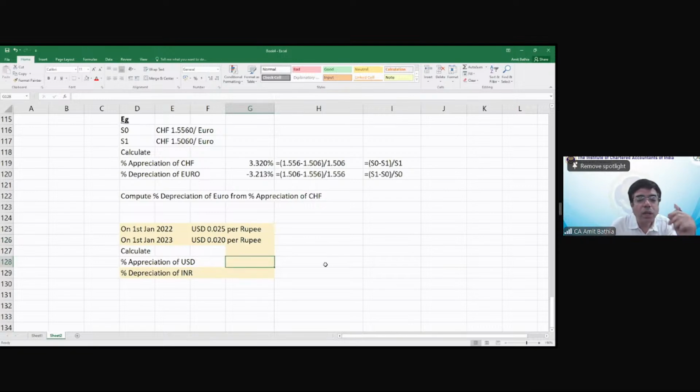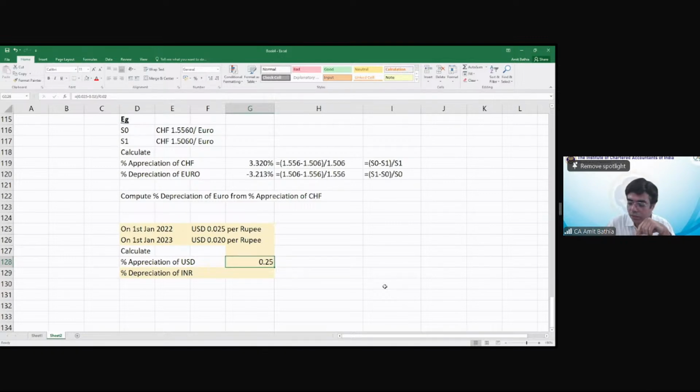All right. So now let's calculate the percentage. How much will be the percentage appreciation of USD? 0.025 minus 0.02 divided by 0.020. Is this correct?